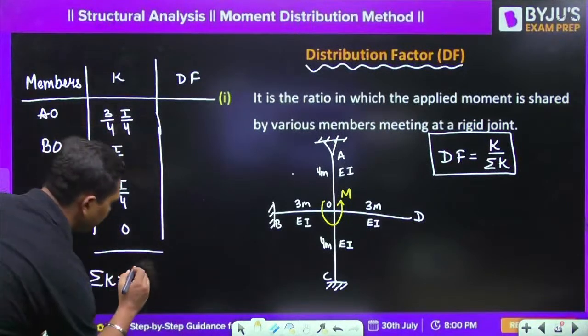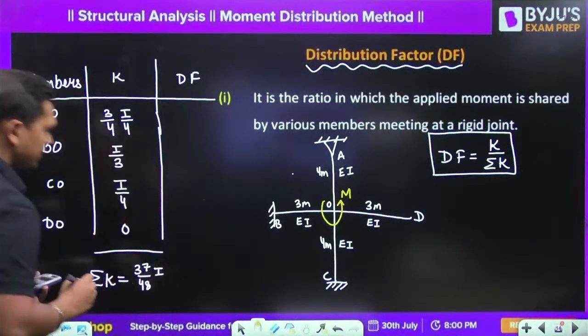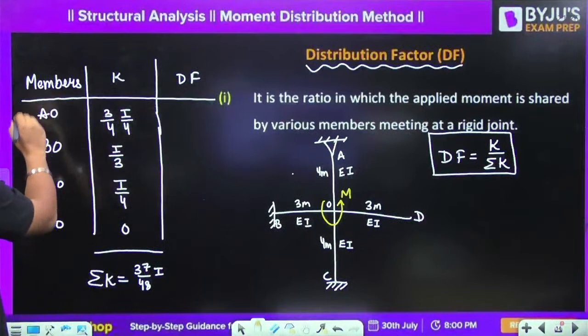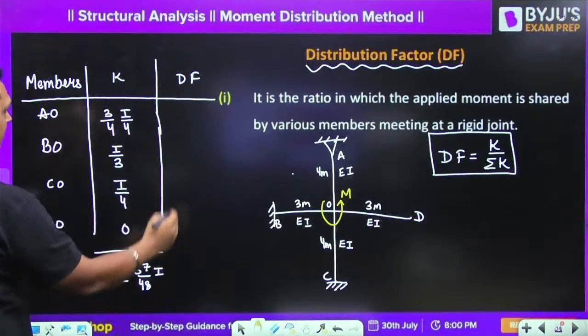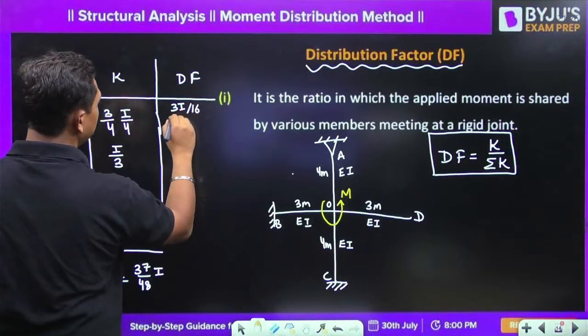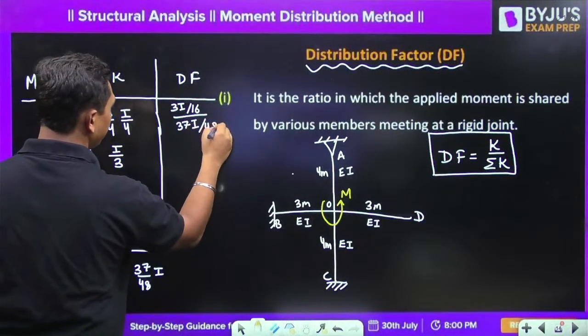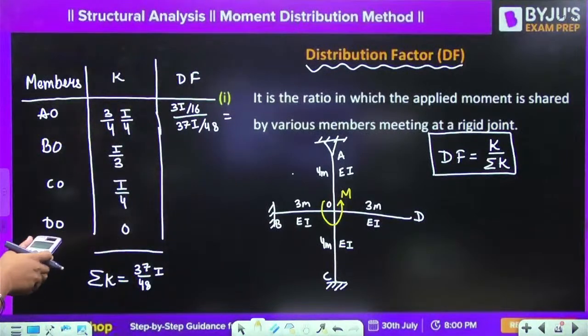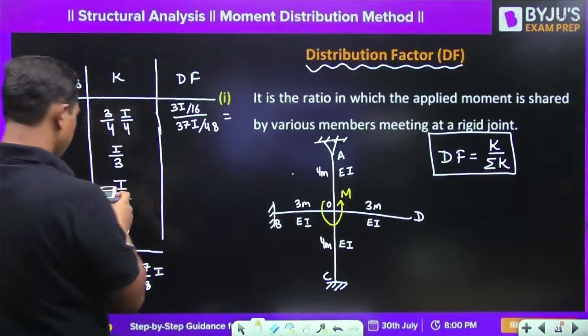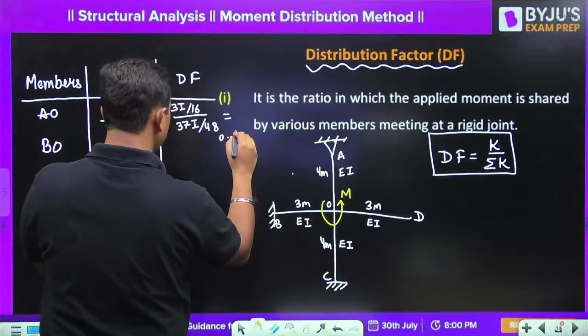So you are going to get 37 upon 48 I. So the distribution factor of member AO will be equal to this divided by this. So it is going to be equal to 3I by 16 divided by 37I by 48, which is equal to how much? Zero point, or yeah, 0.243.